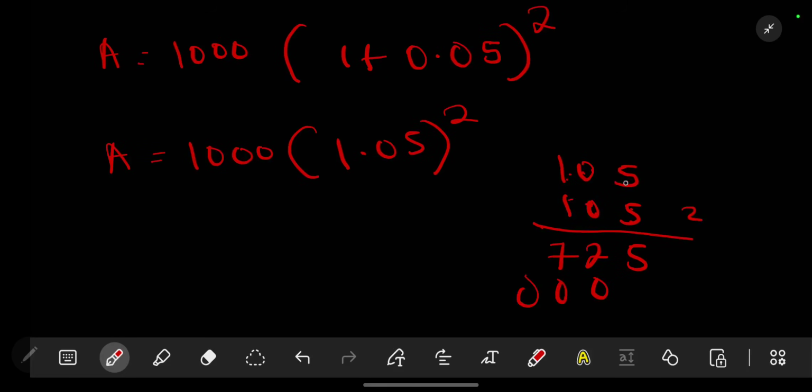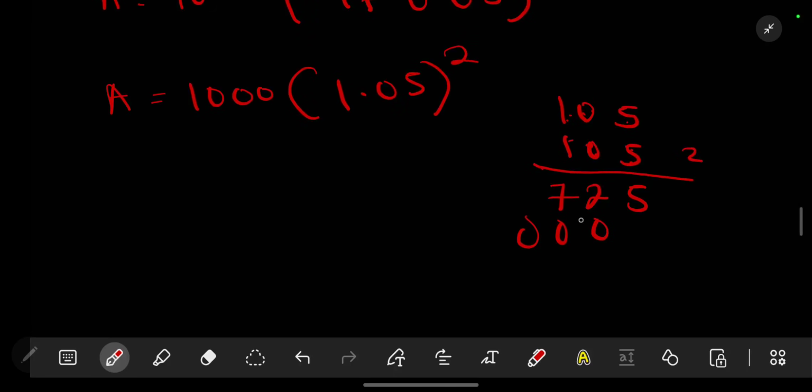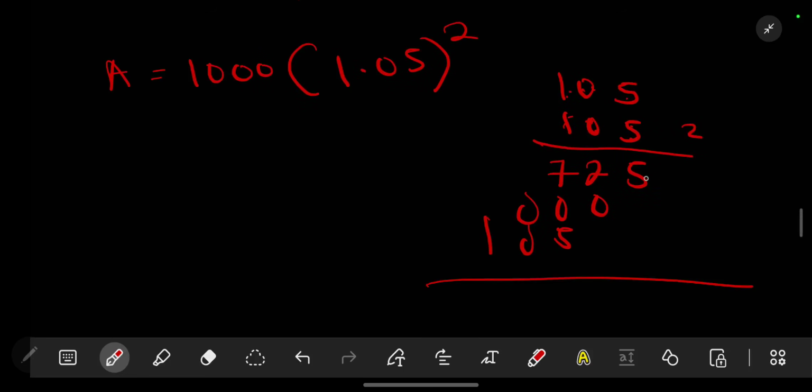Then the last one, 5 times 1 is 5, 5 times 0 is 0, 1 times 1 is 1. So when we add them, we have 5, plus a 2 here. Then 7 plus 5 gives us 12. So we have a 2 like that.